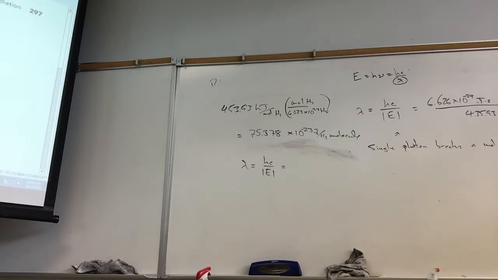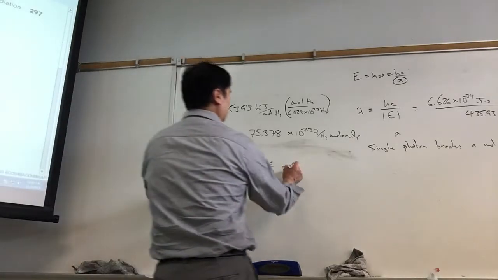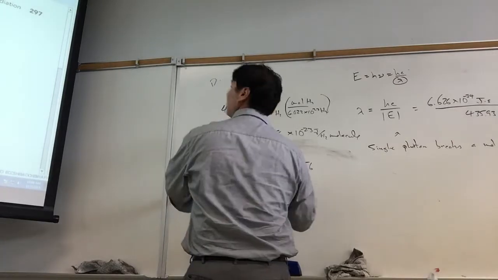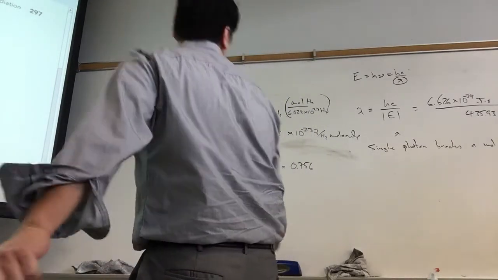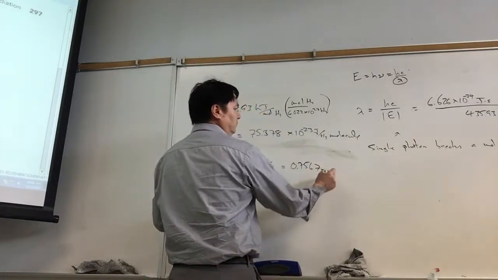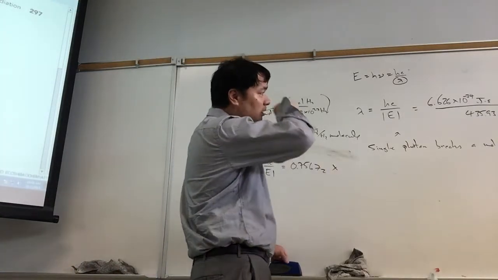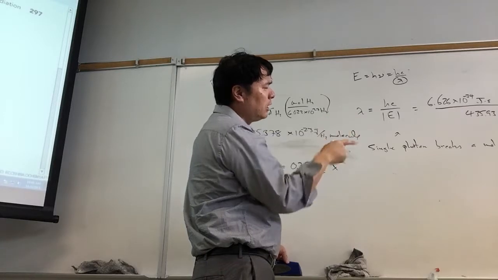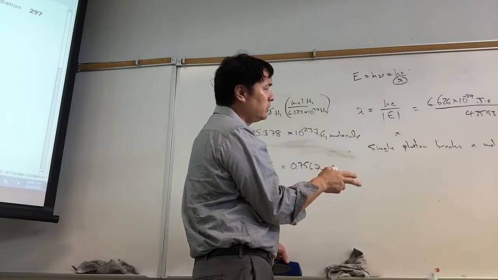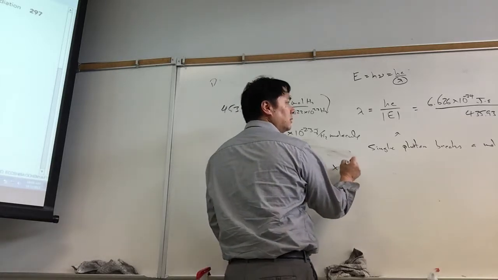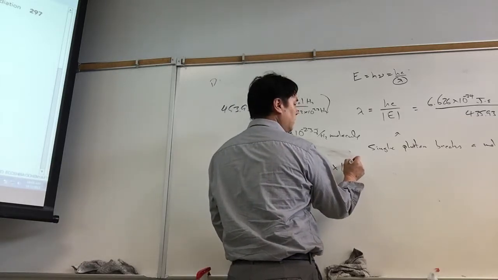The only thing is I'm going to get round-off error. That's all right. 0.75672 times, okay, we did Avogadro's, so that would be divided by 10 to the 23rd.